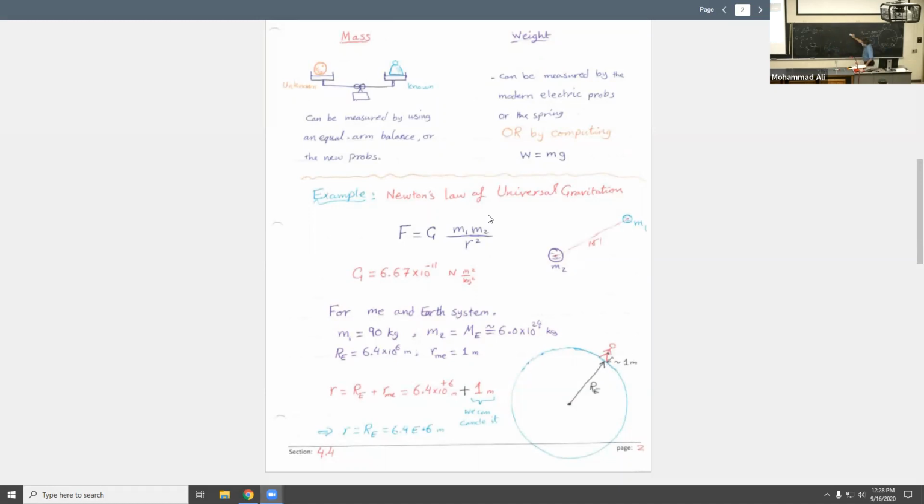Anyone know, I'm asking now, how much your mass is on Earth? Give me a number also. 190 pounds. You don't need to convert it, but let us say your mass is approximately 80 kilograms.